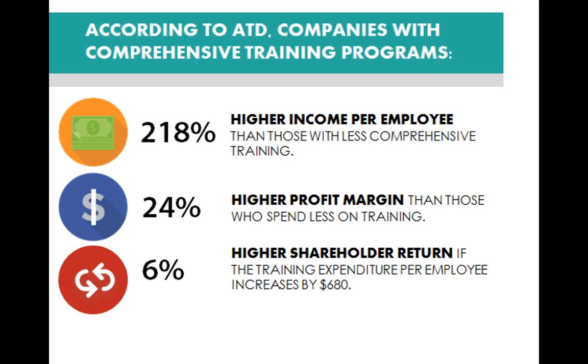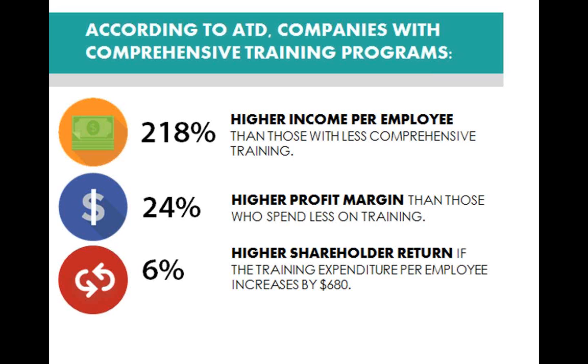So you're telling me that if I invest X dollars in a complete and comprehensive training program for my employees, we're going to do that? Organizations with comprehensive training programs have 24% higher profit margins, and if I'm a publicly traded company, a 6% higher shareholder return if the training expenditure increases by $680 per employee.